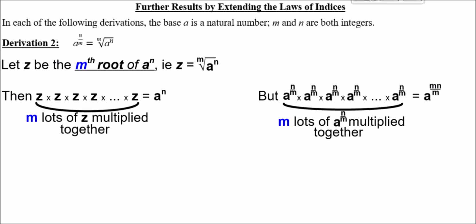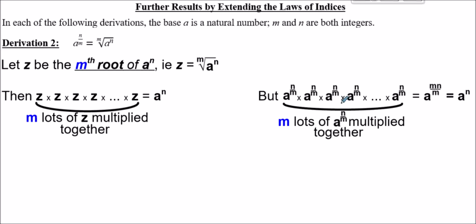Now, the m's will obviously cancel. So we could cancel the m on the top and the m on the bottom, which will leave us with just a to the power of n, which is exactly the same as z multiplied by itself m times.